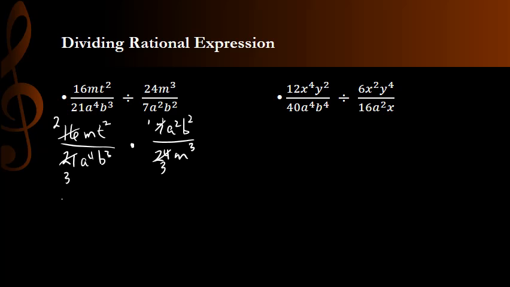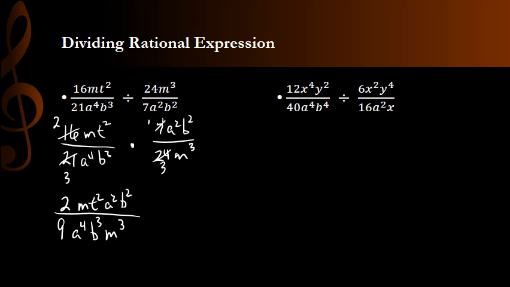So then we would have 2mt squared a squared b squared over 3 times 3 is 9 a to the 4th b cubed m cubed.